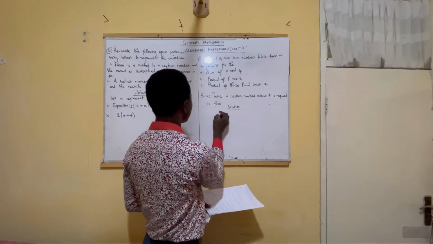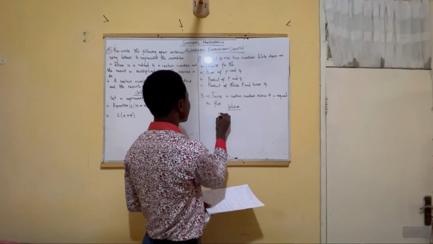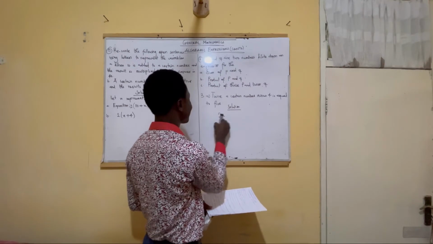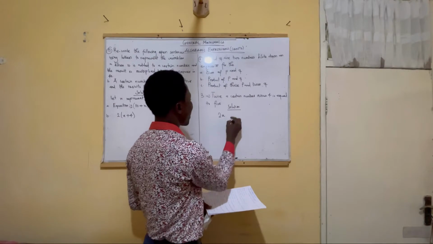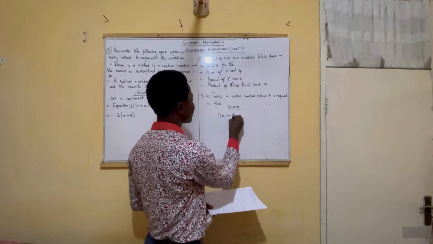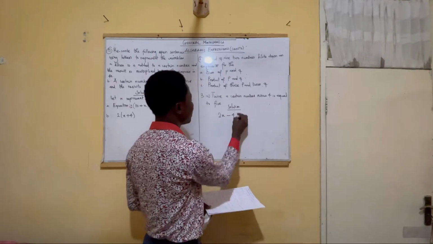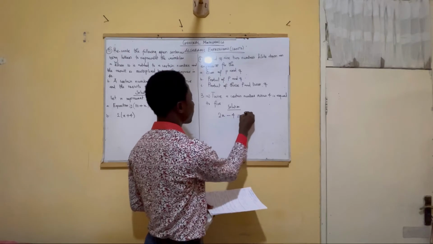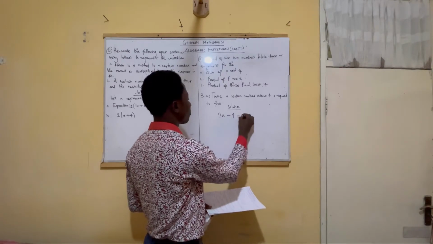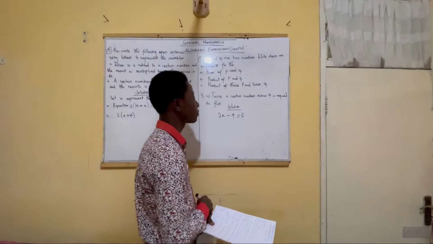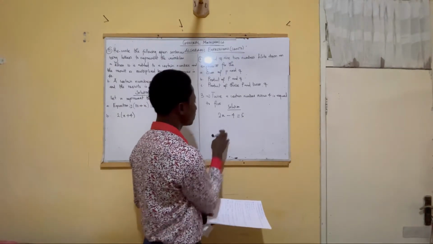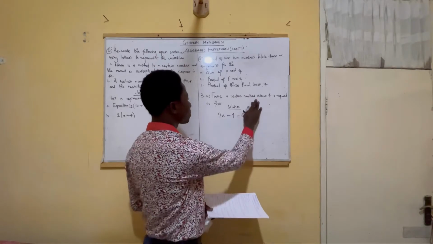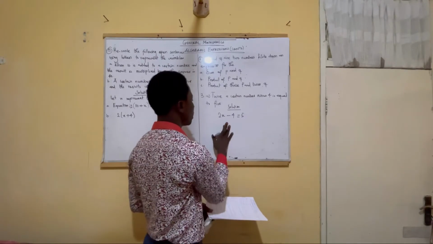Twice a certain number is 2x, 2 times x, minus 4 is equal to 5. That is it. Twice a certain number minus 4 is equal to 5. This was easy to represent.